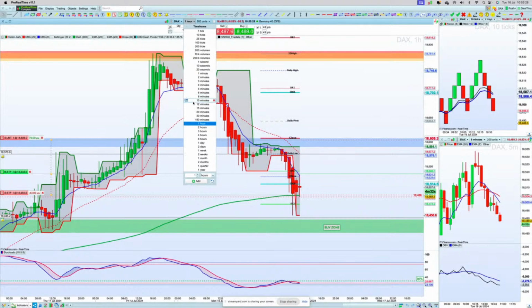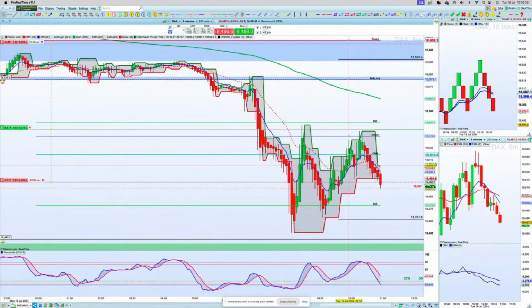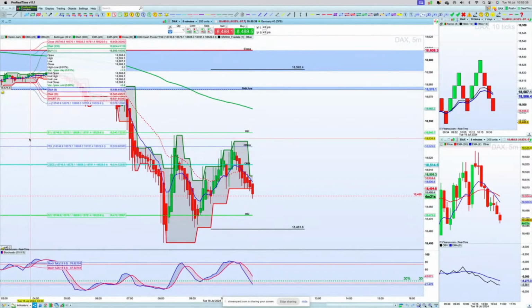Our entry needs to be revised now for the DAX. You can see it, structure has been broken. As soon as structure's been broken, it makes that trade null and void. Now what we've got to wait for is some new structure to be put in play, and that's going to go beyond our live trading room, unfortunately.